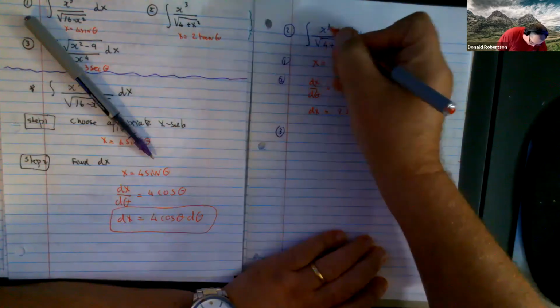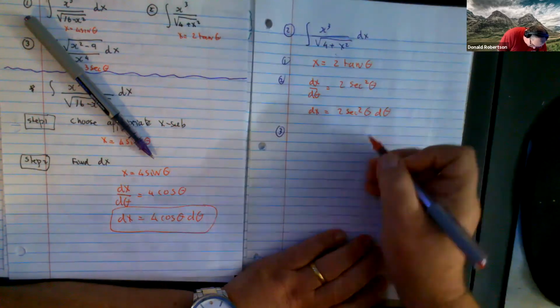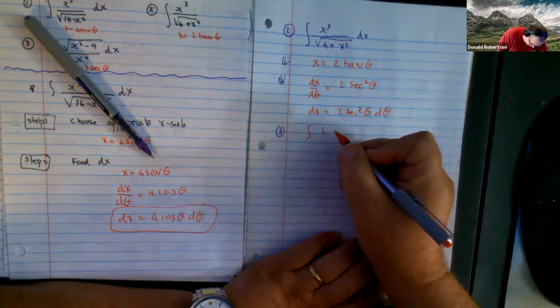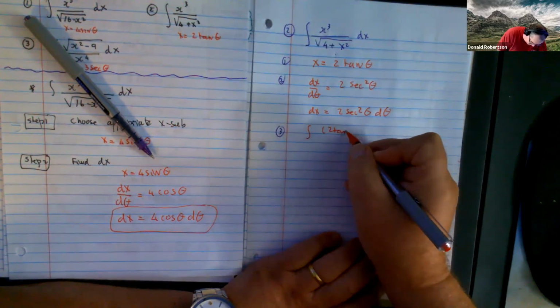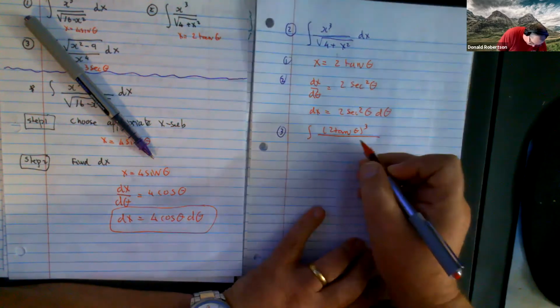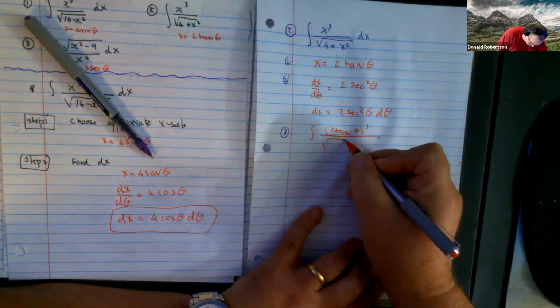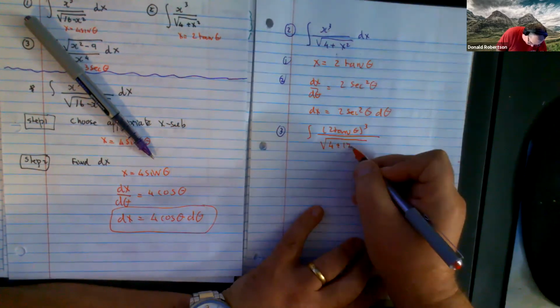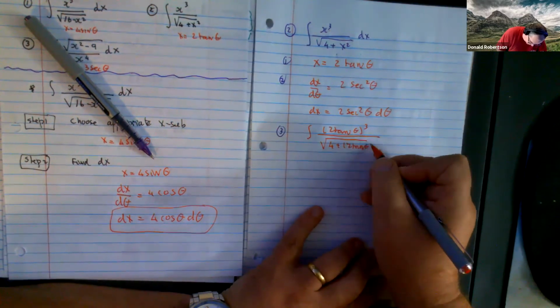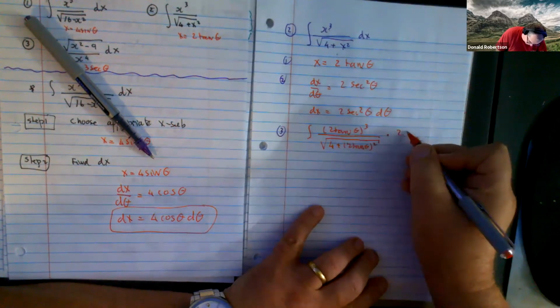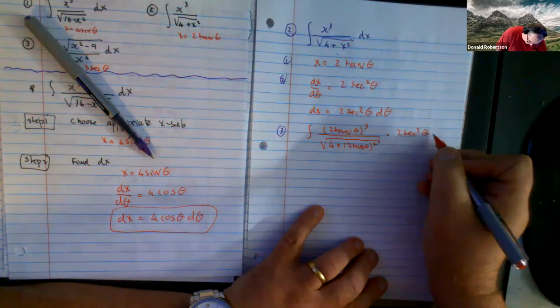Turn all of this into a simplified version of theta. So what do we get? We get the integral. Instead of x cubed, 2 tan theta cubed. On the bottom, the square root of 4 plus 2 tan thetas squared. Instead of a dx, 2 secant squared theta d theta.